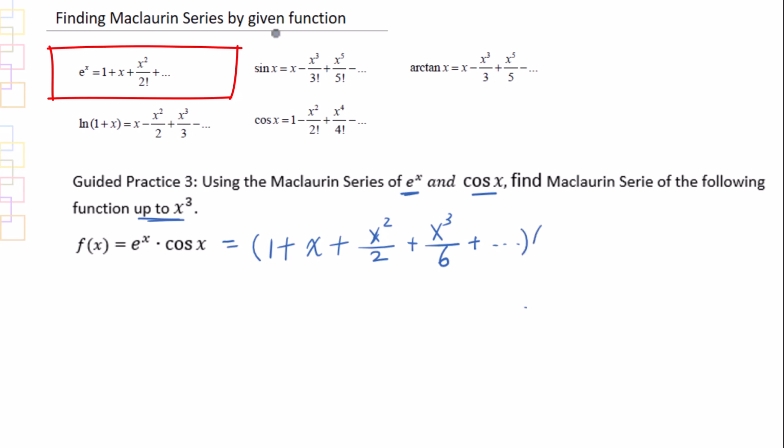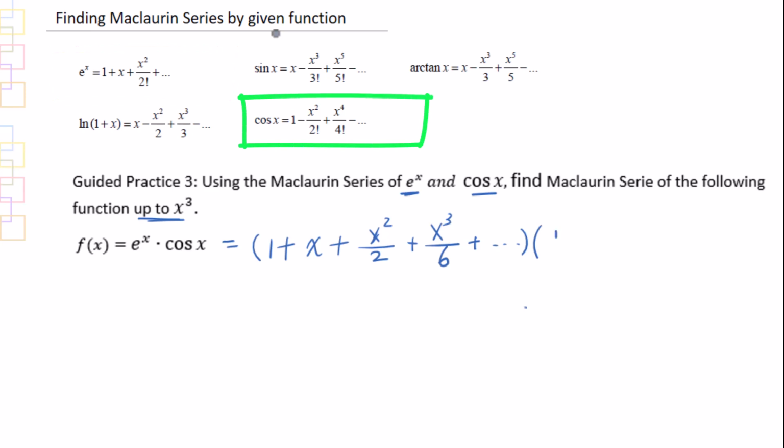Then times cosine x, which is 1 minus x squared over 2 plus x to the 4th power over 4 factorial.